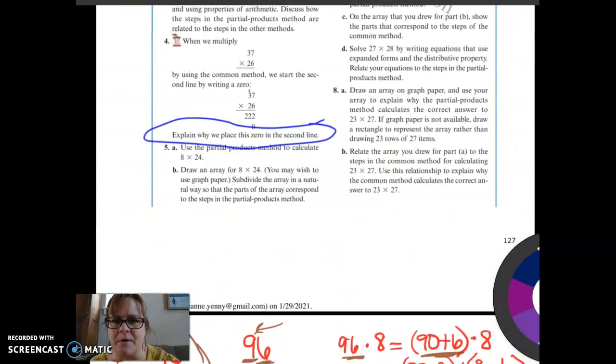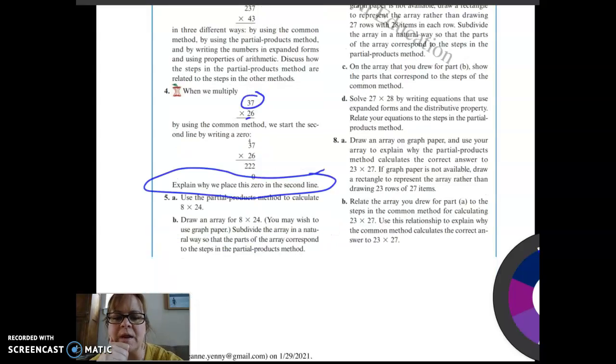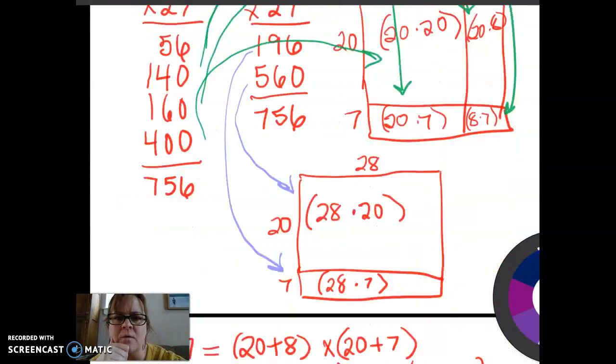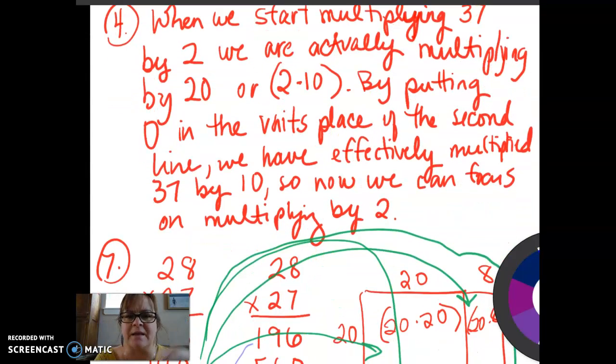So let's go back to that problem. When we go to our second line here, and we're multiplying our 37 times this 2 in the standard algorithm, we call it a 2 when we're thinking in our head, but it's actually not a 2, it's a 20. By putting that 0 in that line, we're acknowledging that that is a 20, or 2 groups of 10.